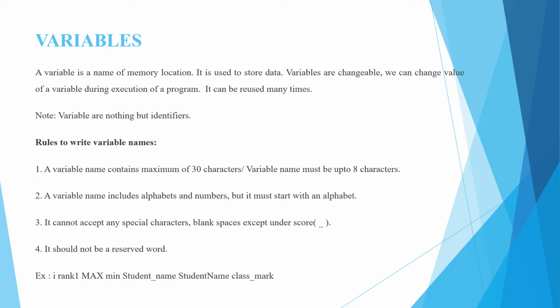Second rule is the variable name includes only alphabets and numbers, but it must start with an alphabet, not a number. Third rule is that it cannot accept any special character or blank spaces except underscore. Fourth rule is that a reserved word or keyword should not be used as a variable.